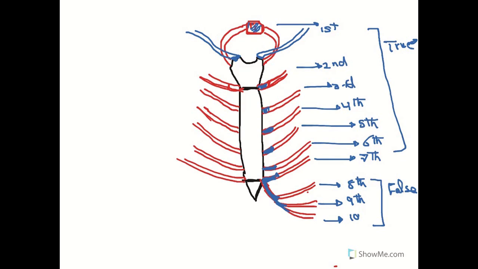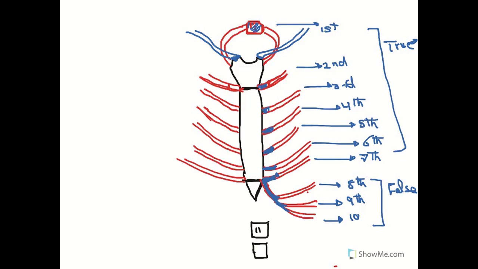What about rib number 11 and 12? They only have a vertebral attachment. They do not have a costal or a sternal attachment, so they are only attached to the sides of vertebrae number 11 and 12.